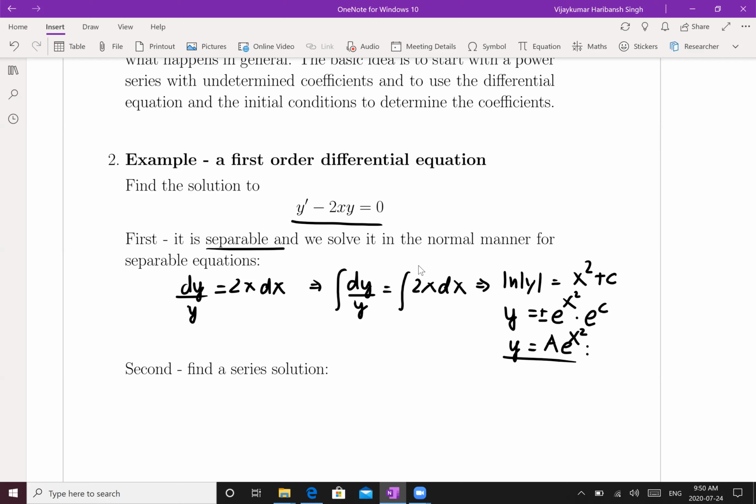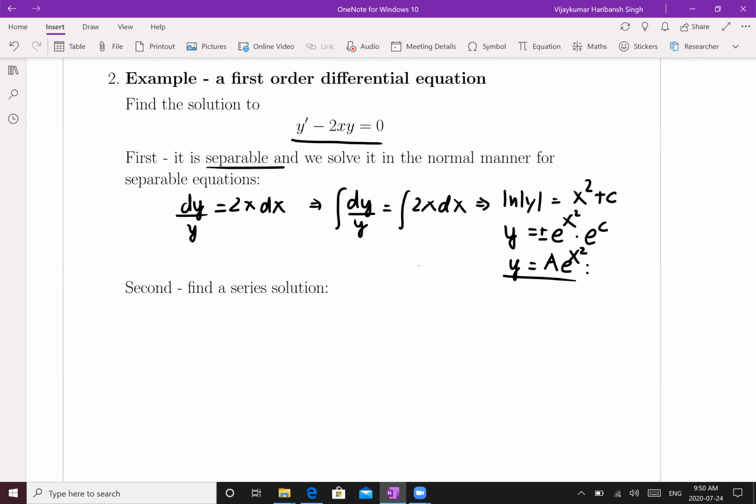But now what we're going to do is run an experiment with a series solution. Before I go there, normally we would not use series solutions if we can find the exact solution.